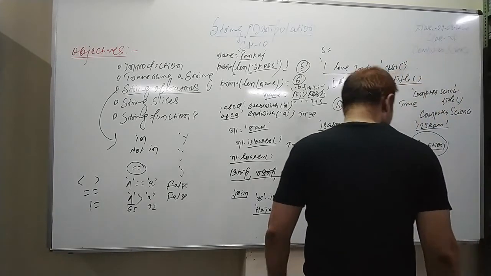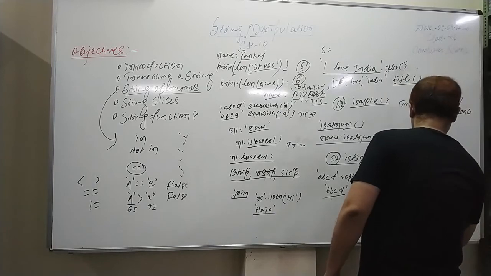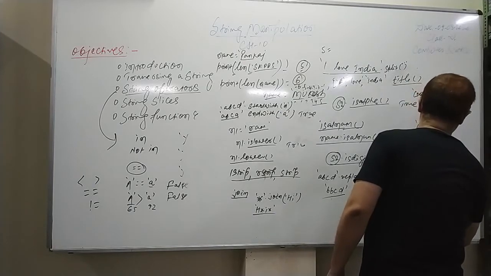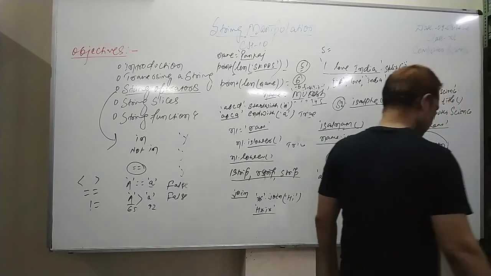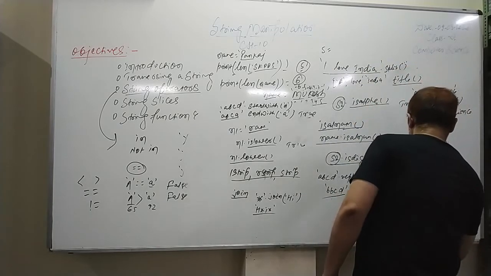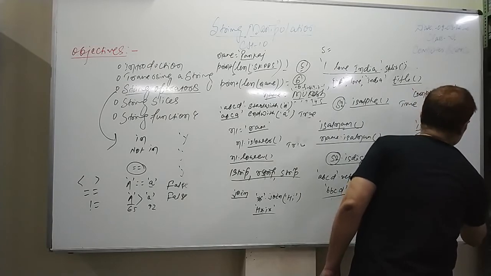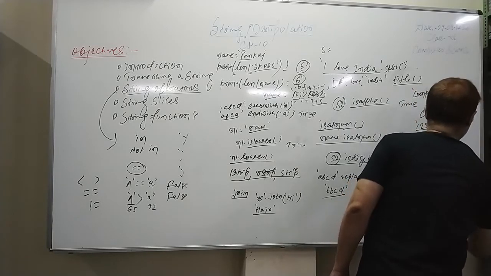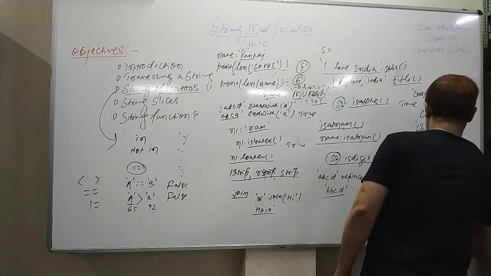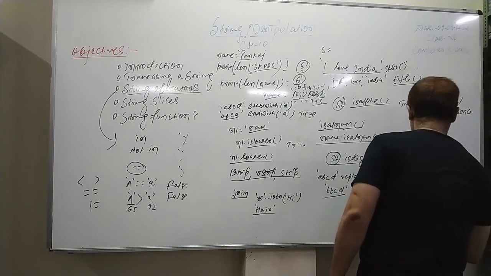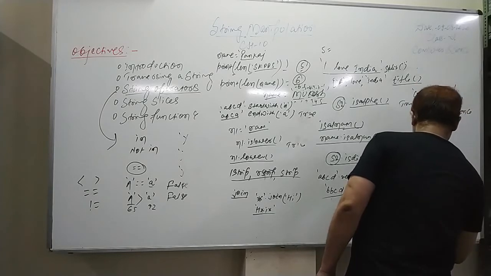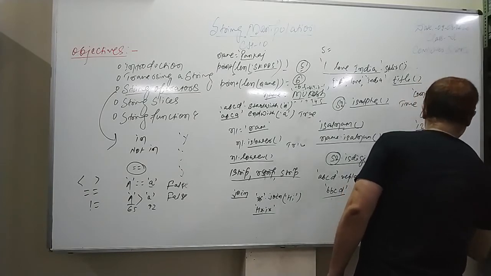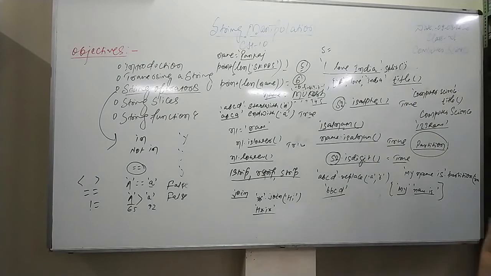It means if suppose a string has "my name is", and you say dot partition, and under the bracket you say name, it means "my" will be separate and "name" will be one string. This is what the output will be if you partition it. That is what the partition method is.